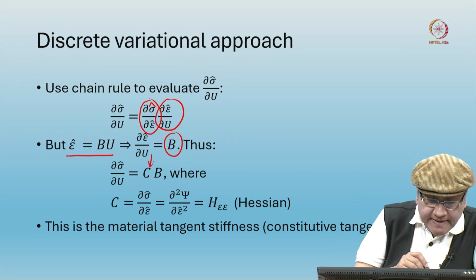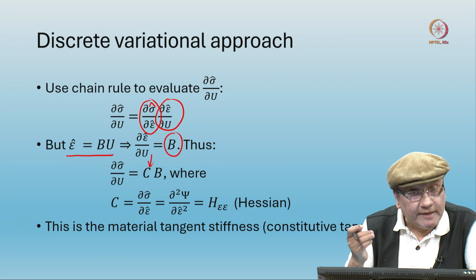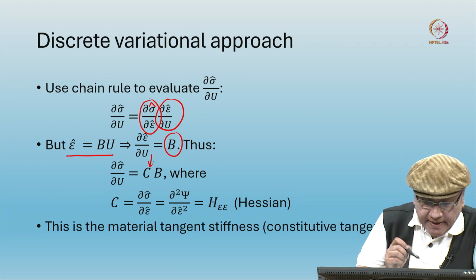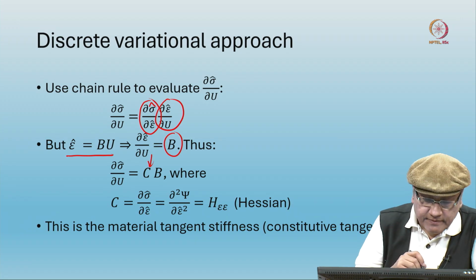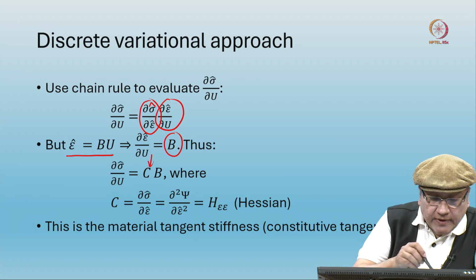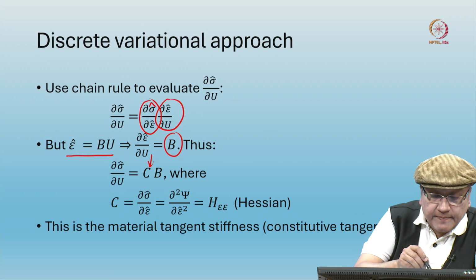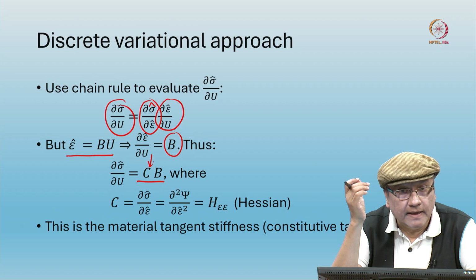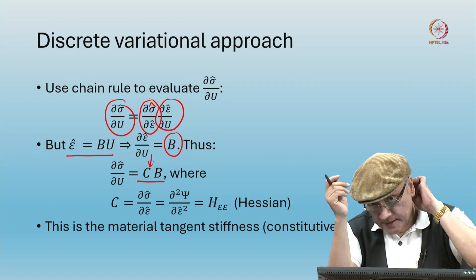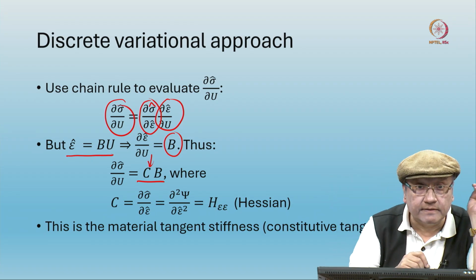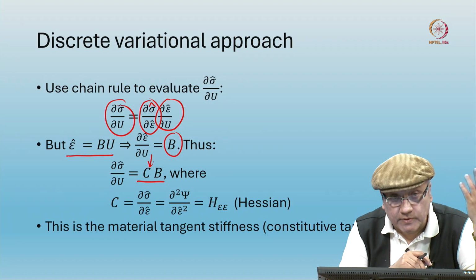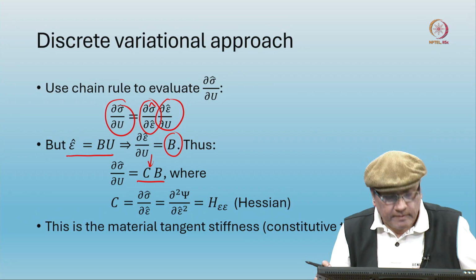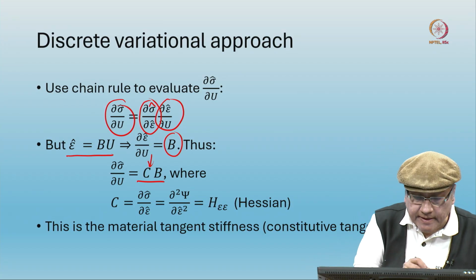So therefore we can say that this C, which is a function of capital U now because of the nonlinearity, is essentially ∂σ̂/∂ε̂. And we can write this overall ∂σ̂/∂U as C times B, both are matrices. And ∂σ̂/∂U now is a matrix because σ̂ is a vector, capital U is also a vector. So the gradient of a vector with respect to another vector is a matrix. So this is basically the scenario.